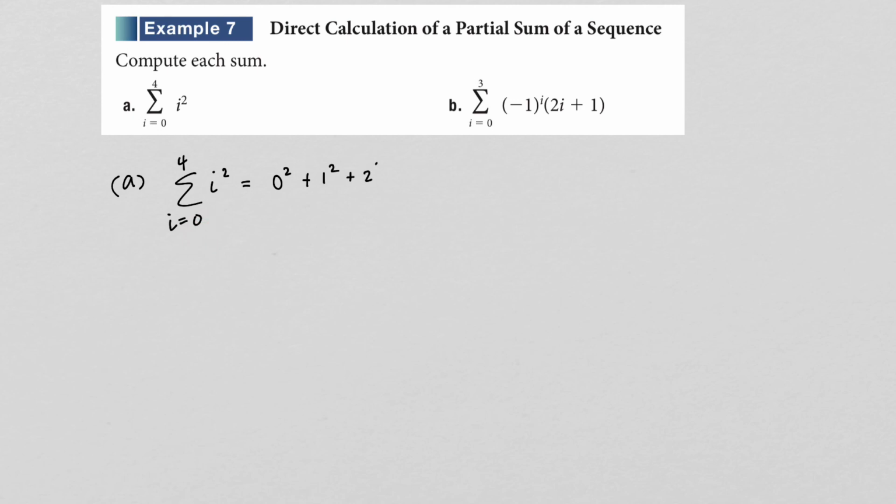Then we go to 2, plug that in, and we get 2 squared. And then 3 squared, and finally, 4 squared. So we stop when we reach this upper number here. And if I want, I can add these up. This is just 1 plus 4 plus 9 plus 16. And if you add these numbers up, you get 30.